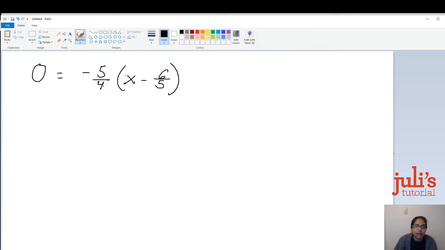If I have a number in front of a parenthesis, that means you're multiplying. So if I want to get rid of it, I'm going to divide by it.